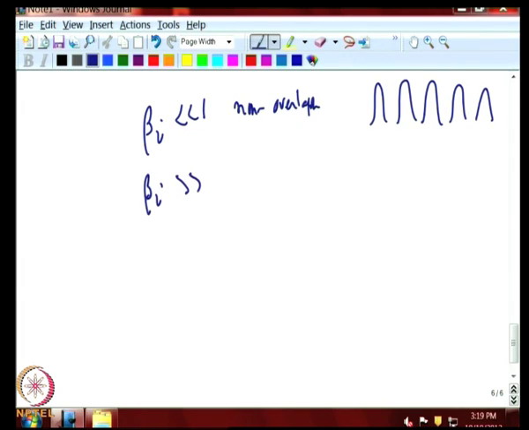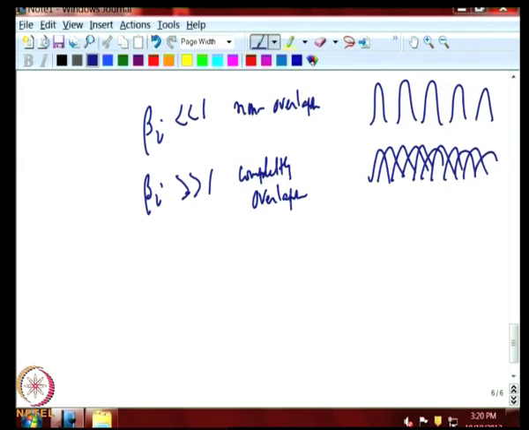If beta_i is much greater than 1, it is completely overlapping. So, it will be like this. So, you expect the behavior of the gas to be very different in these two extreme cases, and we can illustrate the result through some examples that we can take up.